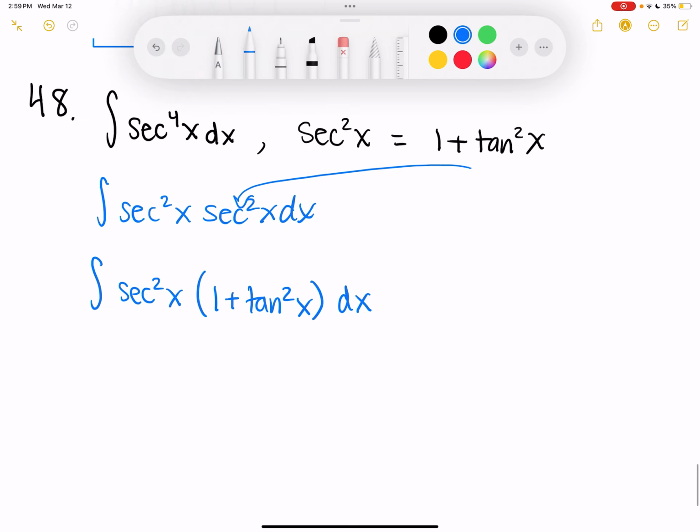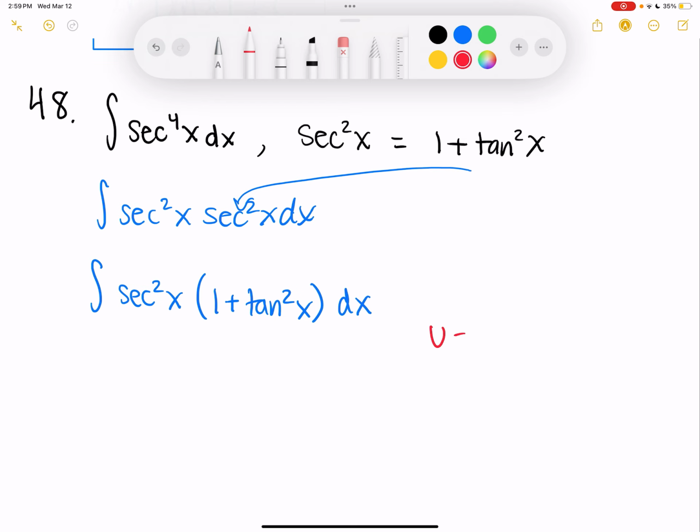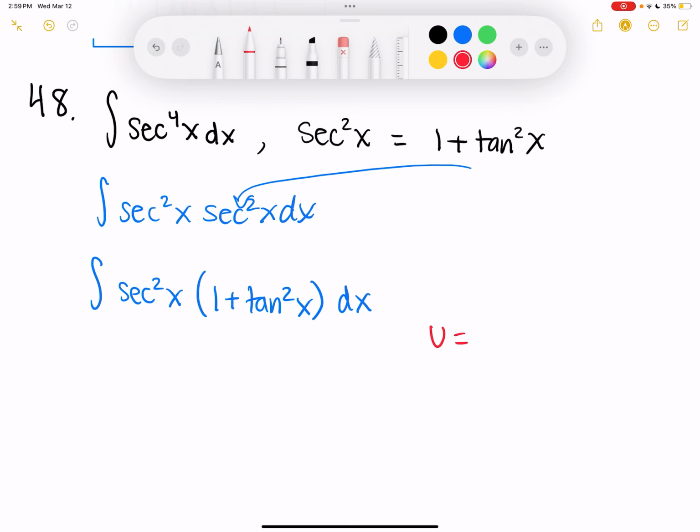Now, any suggestions as to what u might be? Tangent.